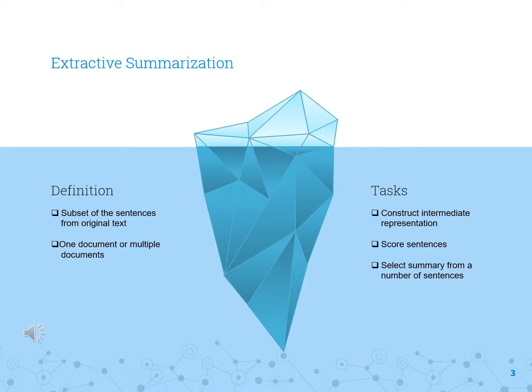First, construct an intermediate representation of the input text, which expresses the main aspects of the text. Second, score the sentences based on the representation. And third, select a summary comprising a number of sentences.